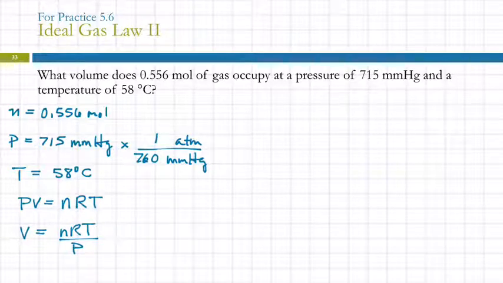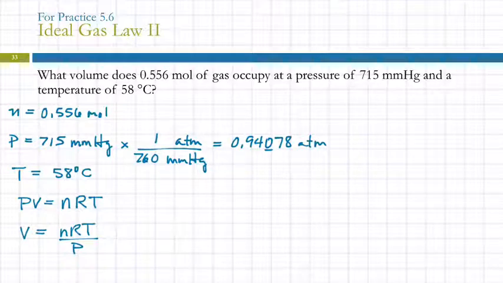That conversion is exact. So I've got 715 divided by 760. So that's 0.94078 atmospheres. I am going to use this number in the calculation. I want to carry 2 extra digits. Okay?